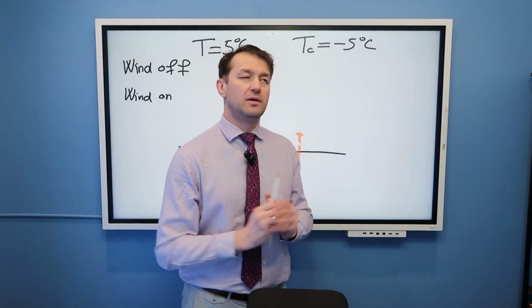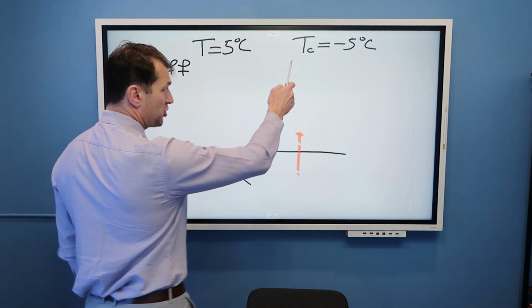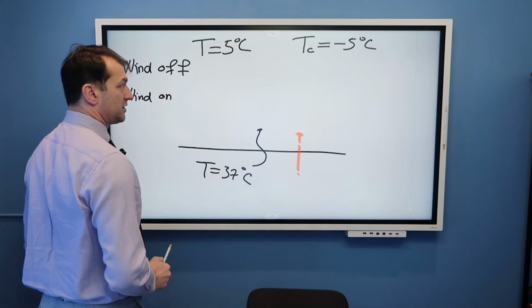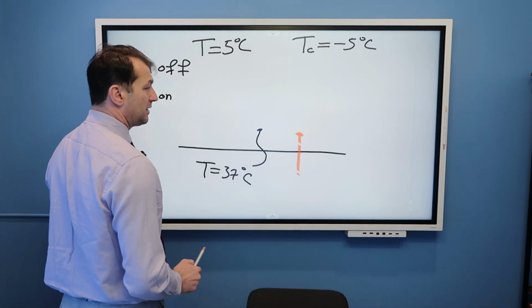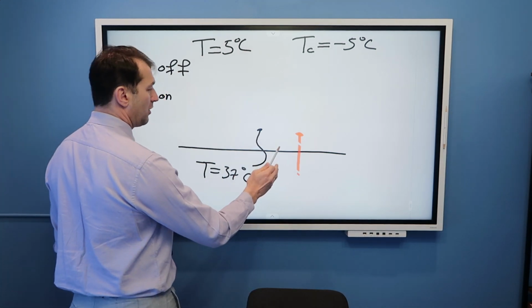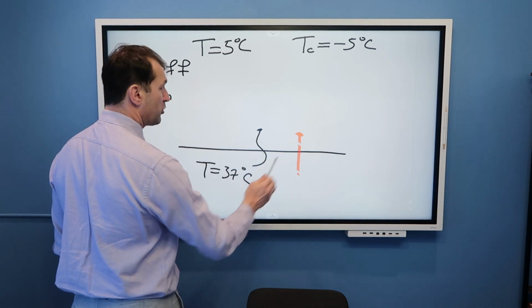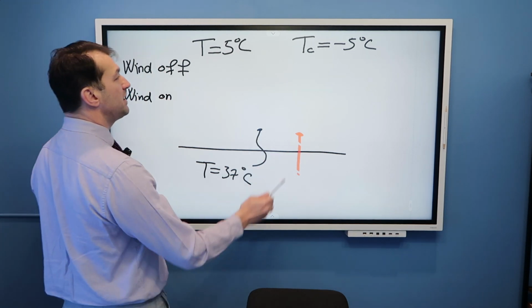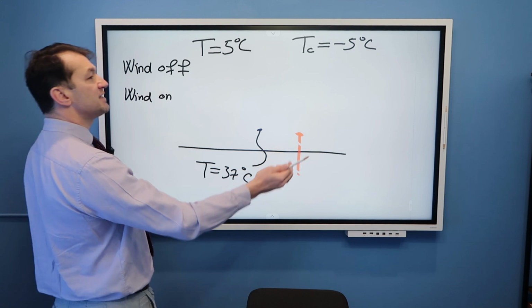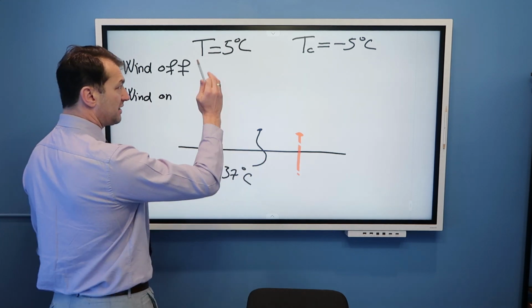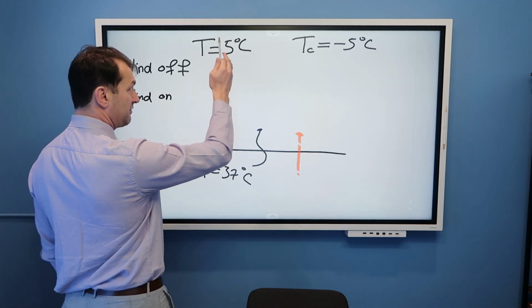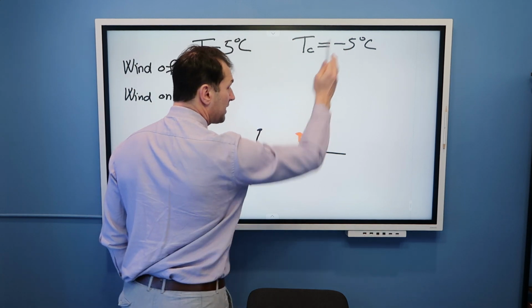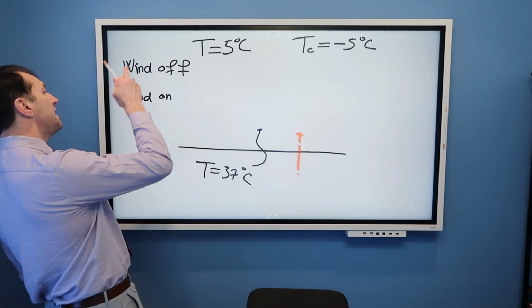One more time. Wind chill of negative 5 degrees Celsius in this case means that the rate of heat loss from your skin will be equivalent as if the air temperature was not 5 degrees, but rather negative 5 degrees Celsius and there was no wind.